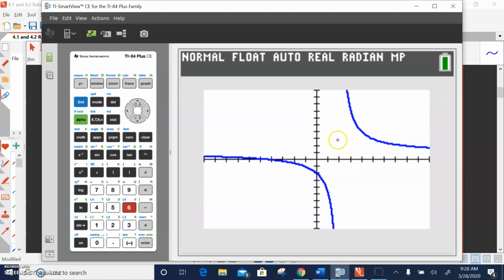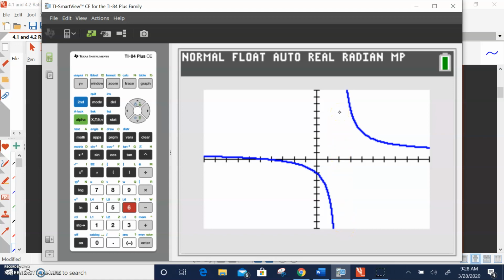Remember, we had a vertical asymptote here at 2. So the graph is approaching on the right-hand side of it, and on the left-hand side of that asymptote, the graph is approaching it. My calculator is not showing me a vertical line at that asymptote. Some of your calculators will show you the vertical asymptote at 2.